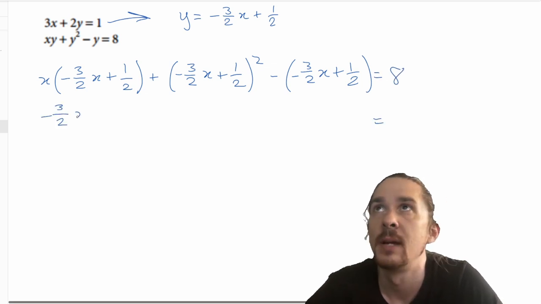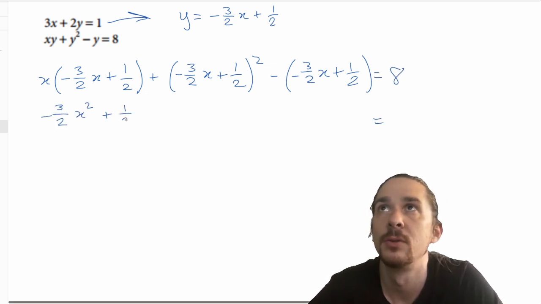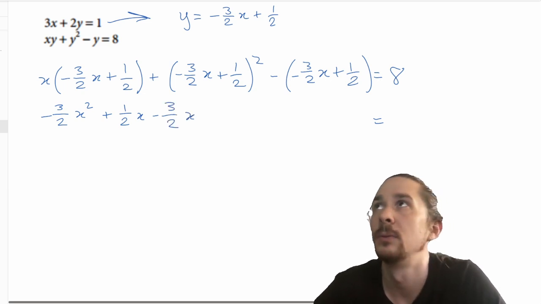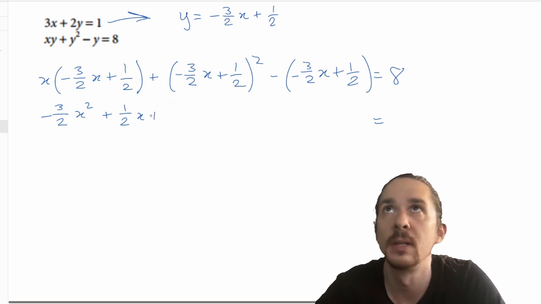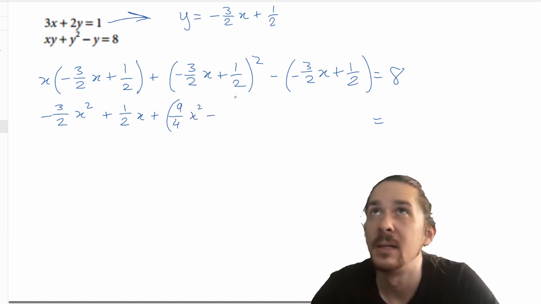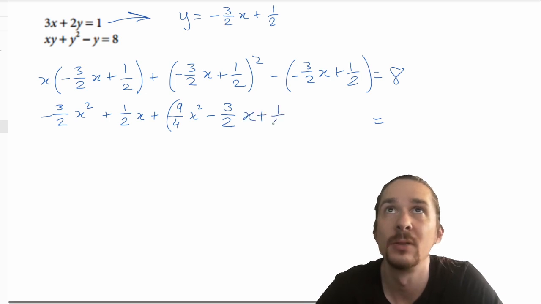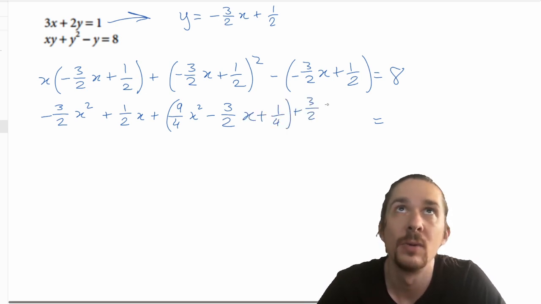-3/2 x squared plus 1/2 x minus 3/2 x. No, I need to square those brackets. So plus 9/4 x squared minus 3/2 x plus 1/4, plus 3/2 x minus 1/2 equals 8.